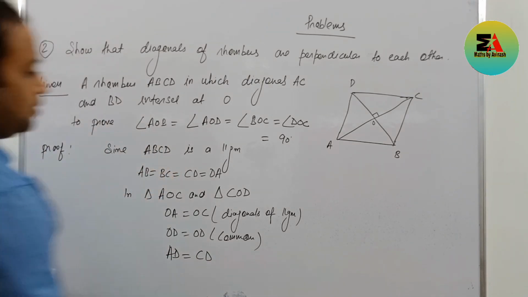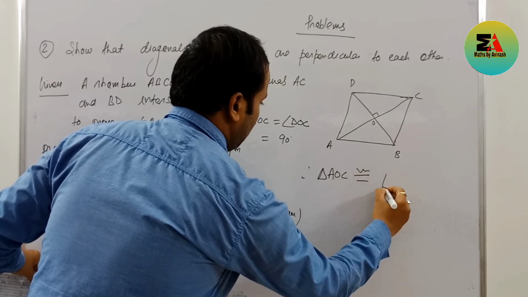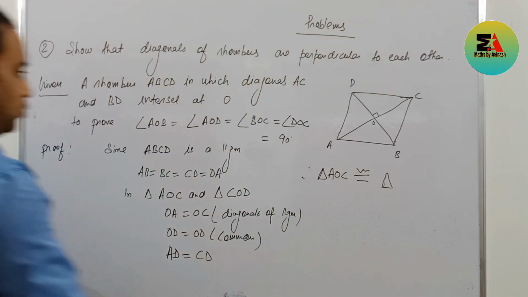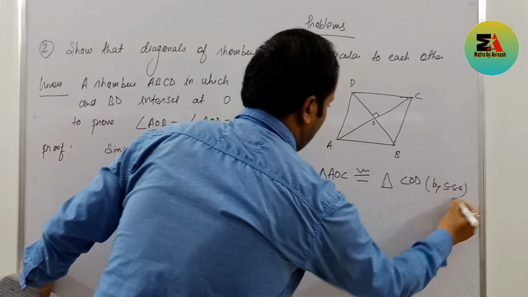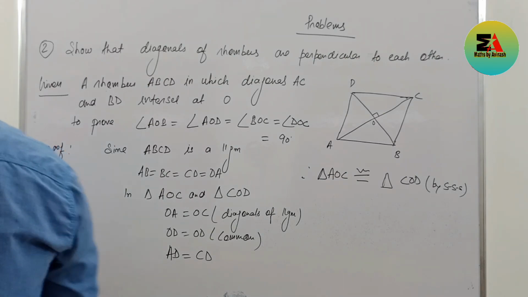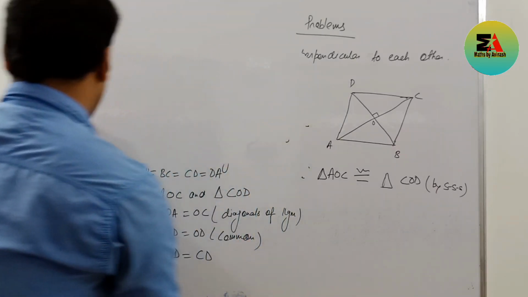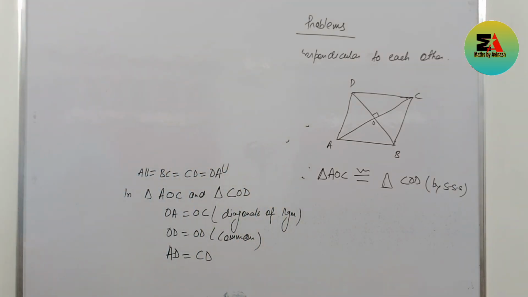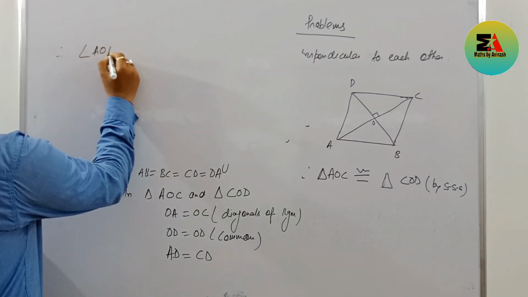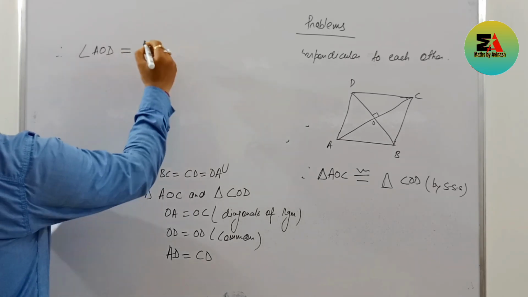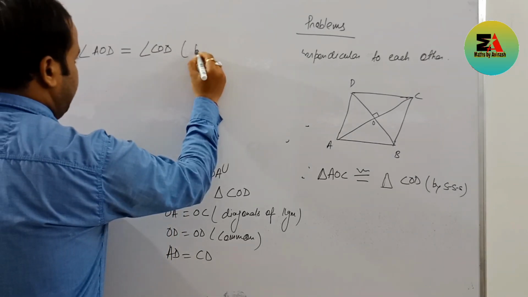Therefore, triangle AOC is congruent to triangle COD by SSS congruency. When triangles are congruent, then by CPCT, angle AOD equals angle COD by CPCT.